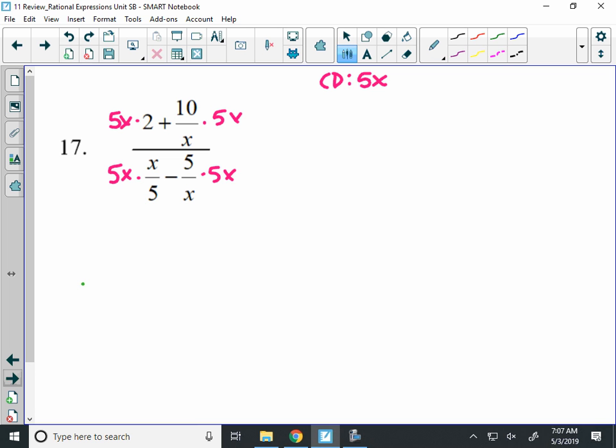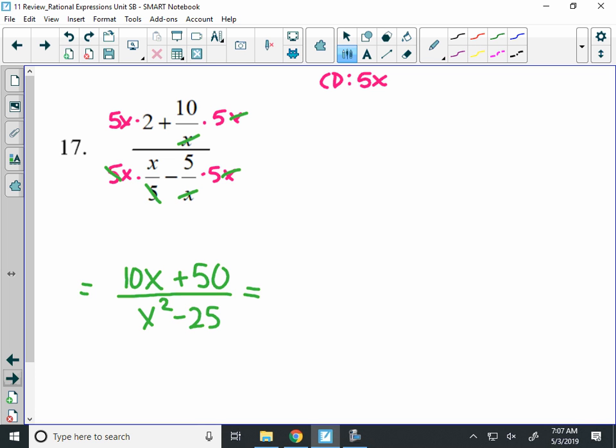Top left here, 5x times 2 is 10x. On the right, the x's are going to cancel off, so I really just have 10 times 5, which is plus 50. On the bottom left, the 5's cancel, so I have x times x, which is x squared, and here the x's cancel, minus 25.